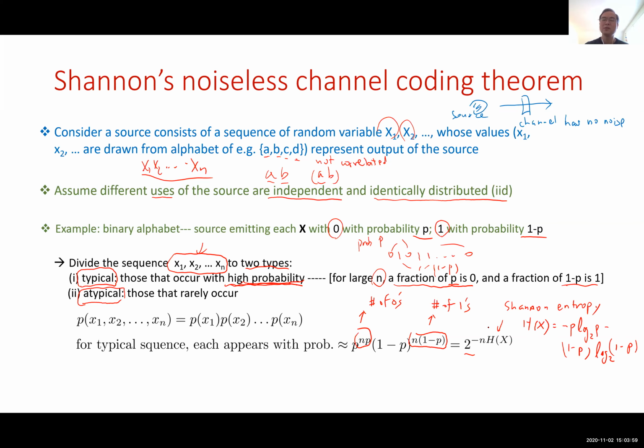Okay, and so this is where Shannon entropy appears. So each appears with probability like that. So how many of them in this typical sequence is really just 2 to the n h, the number of typical sequences.